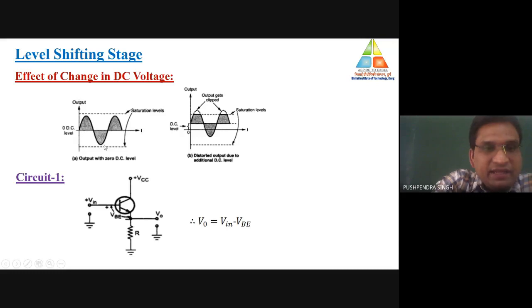Figure A is the output with 0 DC voltage. These are the saturation limits. Suppose the DC supply voltage is plus minus 15 volt and the maximum change in the input is 12 volt peak to peak. That means in the positive side the maximum amplitude is 6, and in the negative side it is minus 6. Total change is plus minus 12 volt.